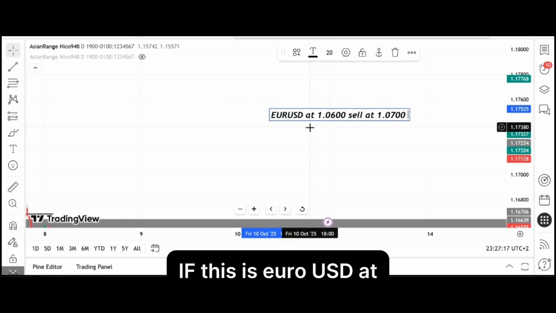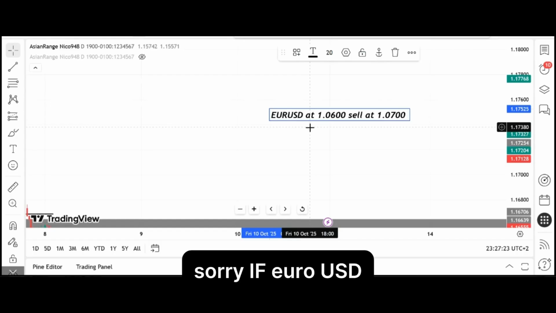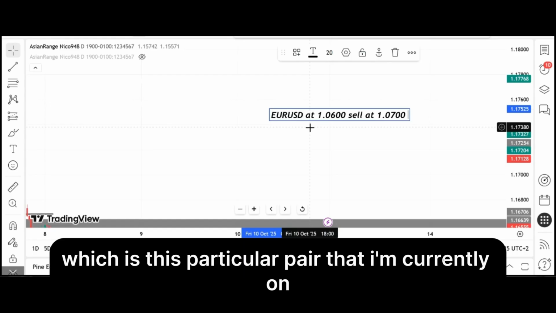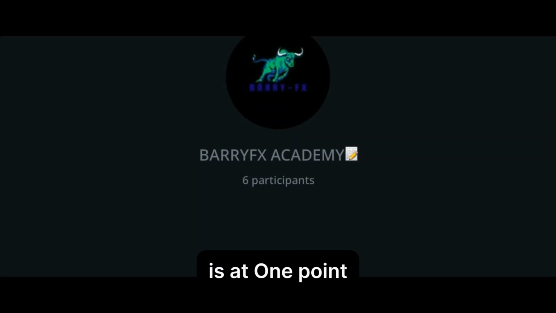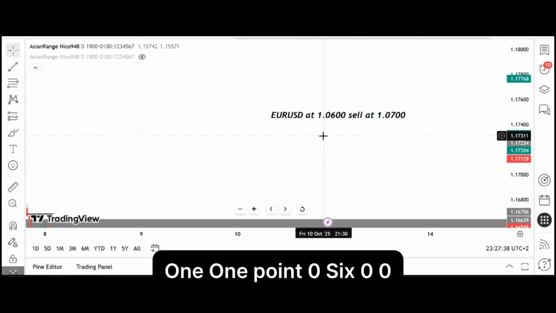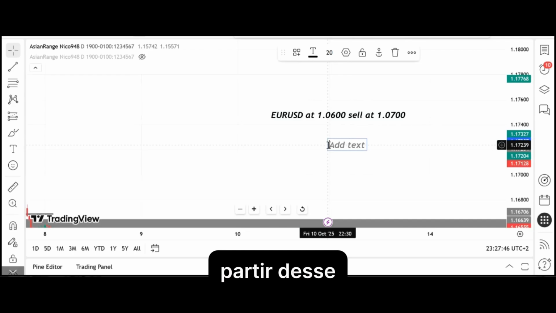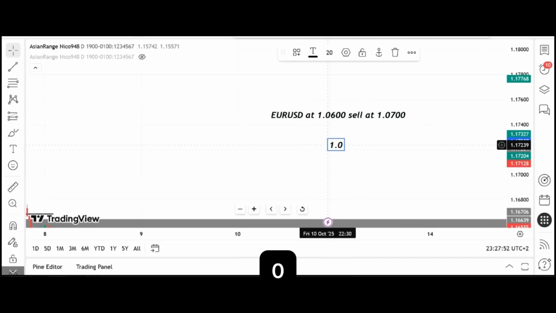If Euro USD, which is this particular pair that I'm currently on, is at 1.0600, and you place your buy order from this point, 1.0600, then you buy.